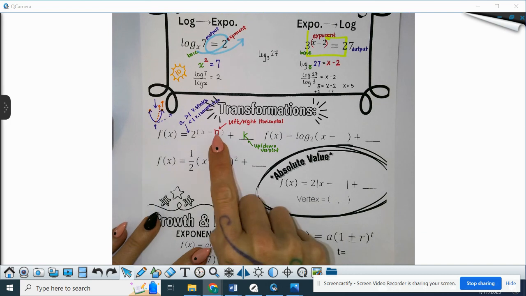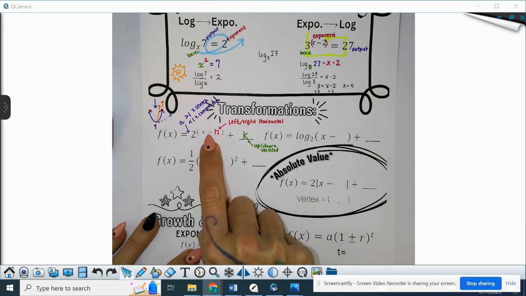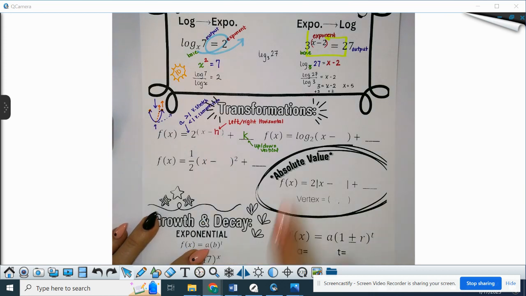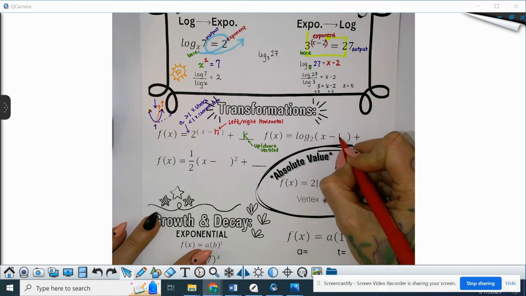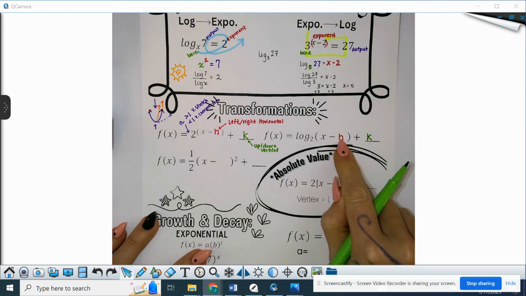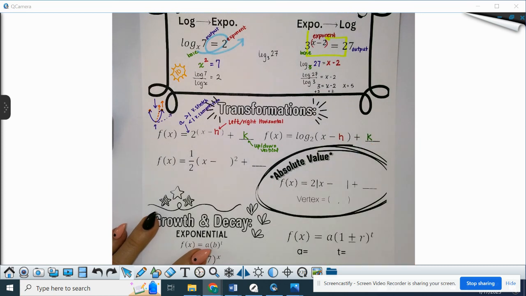But again, whatever's attached with the x by minus, minus is the formula. So if there's a minus here, then that means it's going to move right. If there's a plus here, that means it moved left because that h value is negative. Now, looking at your log base 2, x minus h plus k, still controlling the same thing, still in parentheses versus outside of parentheses. So the same thing you're looking for. The pattern is the same.